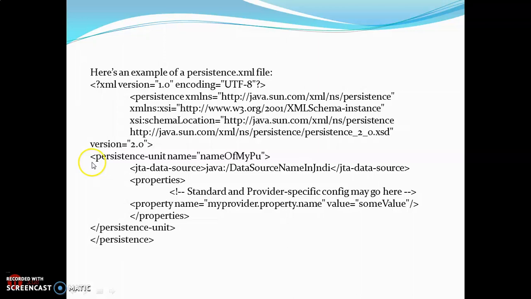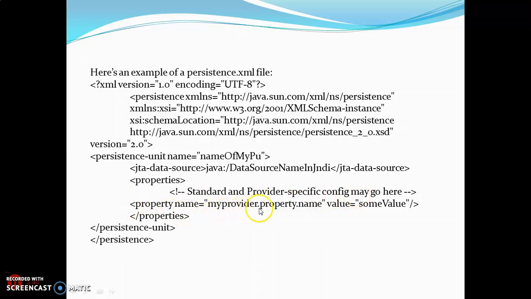Next we have the main important element, the persistence unit, where we give the persistence unit name. Then JTA, that is Java Transaction API, with the data source, and we give the data source name in the form of a JNDI name, the Java Naming and Directory Interface. That will be your data source. Then we can set the properties, if any, using the standard properties to provide a specific configuration.